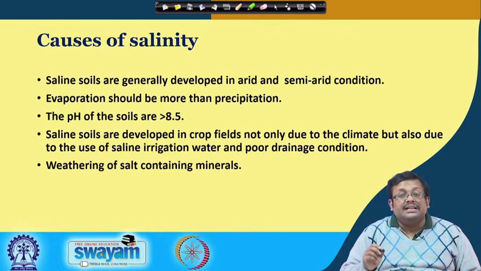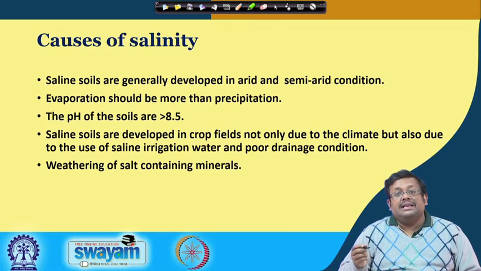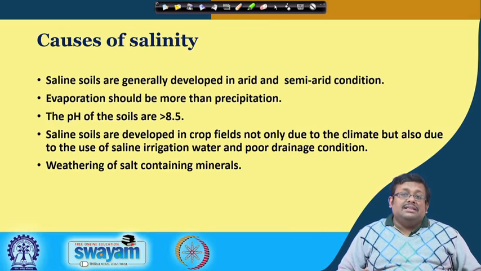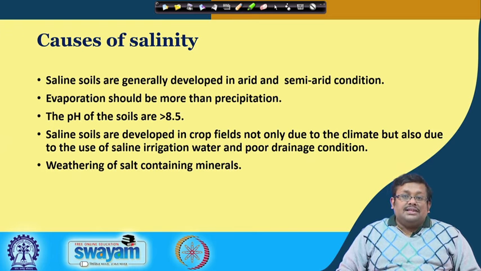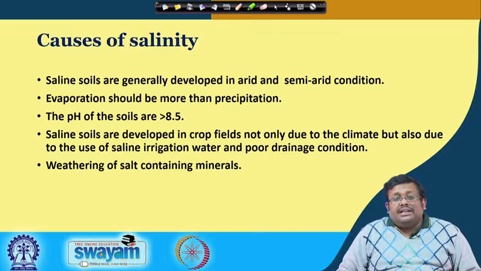Saline soils are generally developed in arid and semi-arid conditions, and in these conditions you know that evaporative demand is higher, and evaporation is higher than precipitation. As a result, the pH of the soils is sometimes greater than 8.5 or less than 8.5.